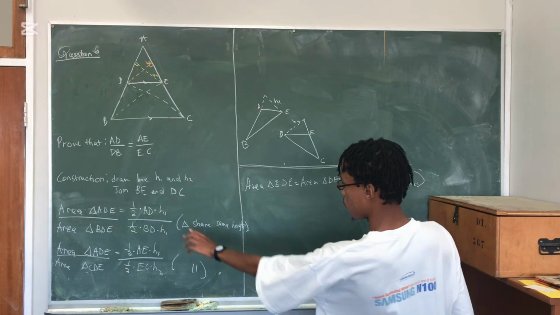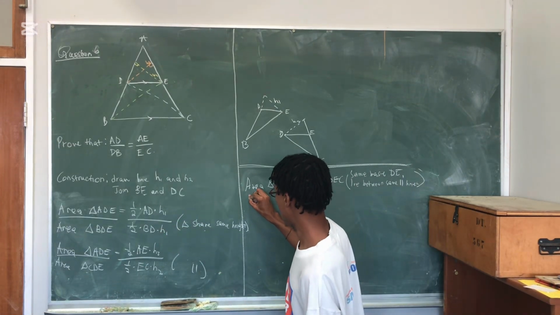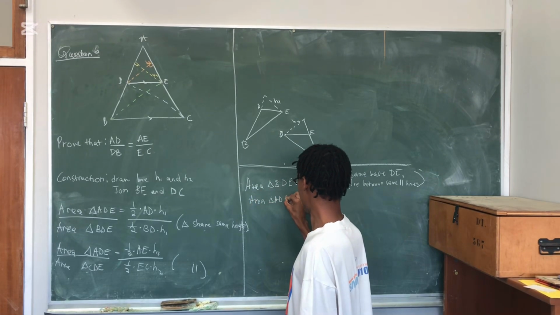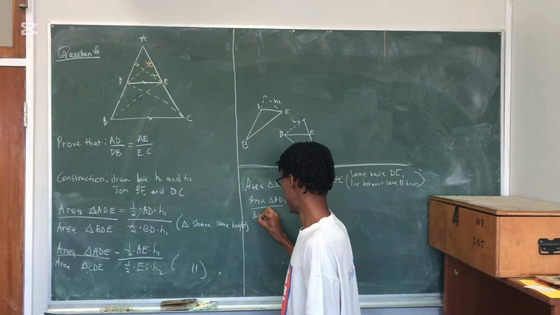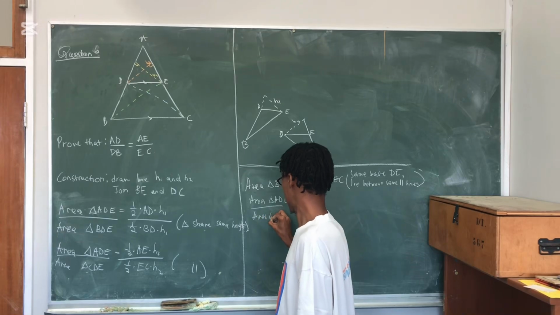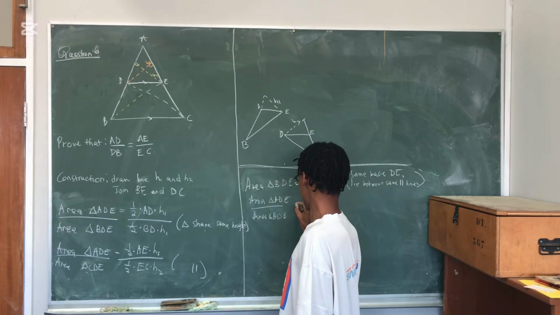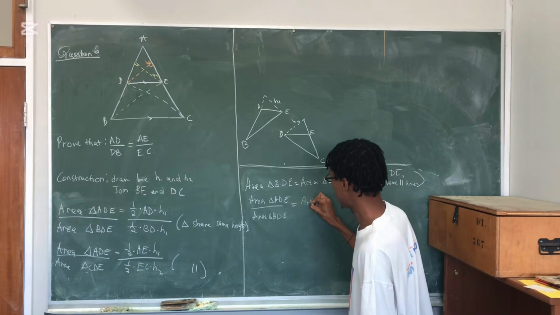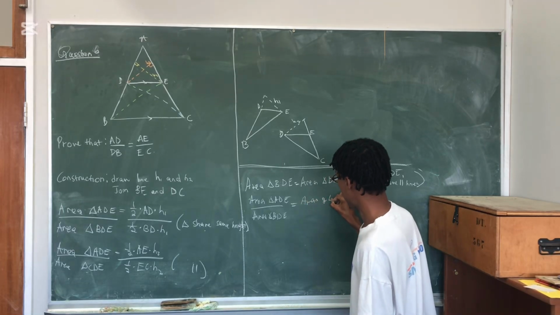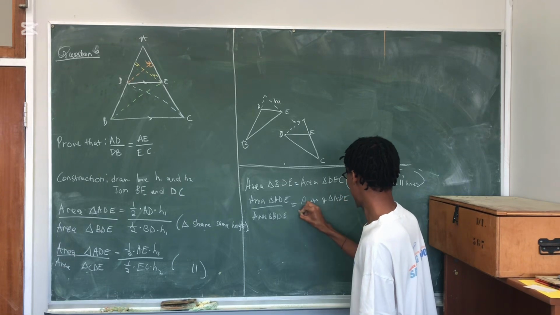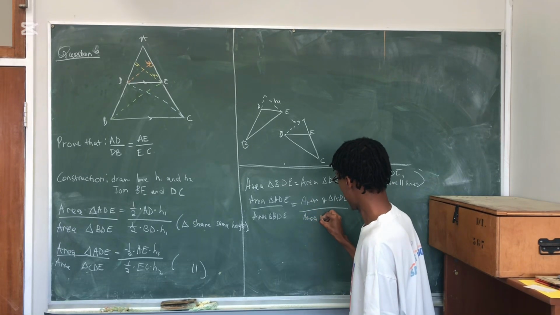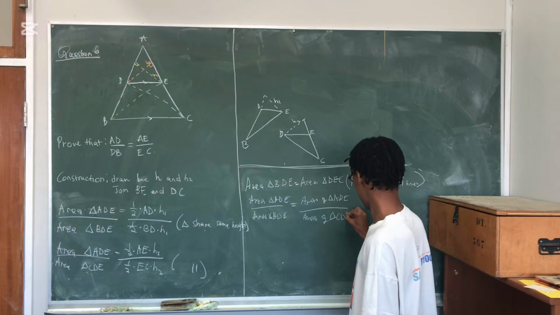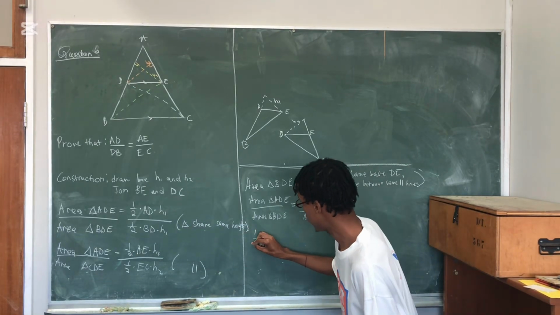And since we know this, we can equate these two: the area of triangle ADE over the area of triangle BDE, to the area of triangle ADE again over the area of triangle CDE. Substitute these two.